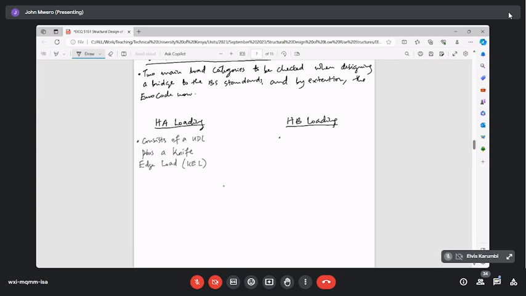HB load, on the other hand, basically mimics the vehicle tires on the road. So it consists of vehicle axle loads.